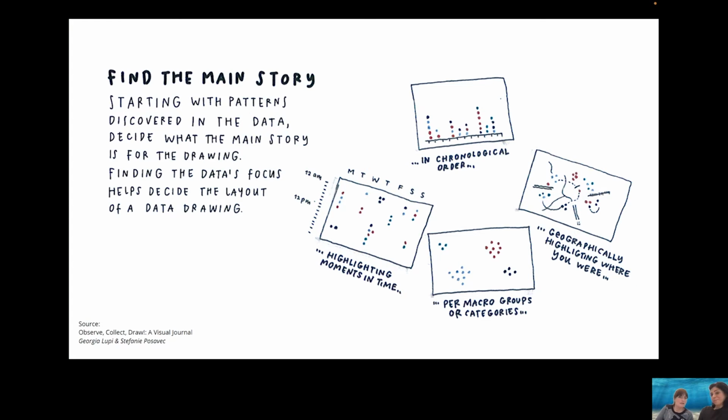What's important if you want to find a main story is searching for patterns. If you have a collection of data, you can look at it in a chronological order, in a geographical order, which is maybe relevant to the story. Or you have categories which are maybe causes that are happening when the water is rising.